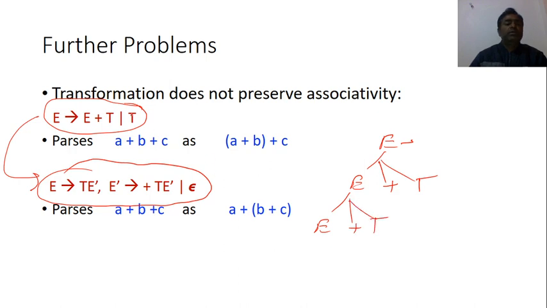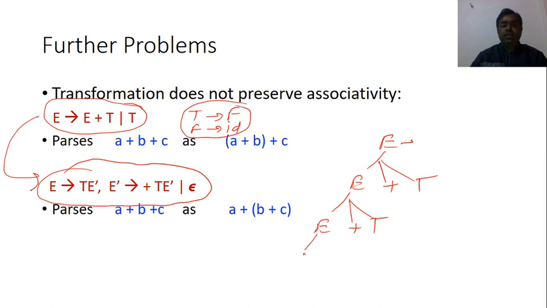Now if there are productions like this one, E derives to E plus T or T, and there are some productions in this grammar like T derives to F and F derives to ID. Suppose that these are the productions also written in this grammar.